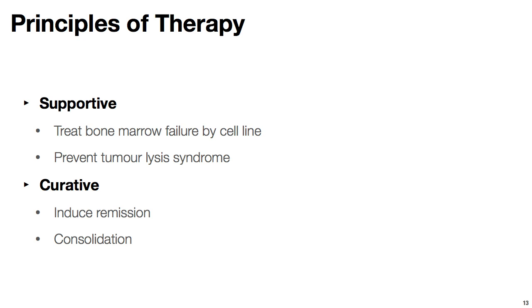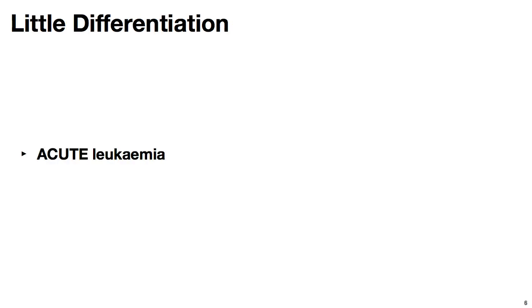In children, there's a specific cycle that I think we've come across before, which has 3 phases. In the induction phase, the aim is to achieve complete remission. There's then an intensification cycle over a couple of months to avoid relapse, and then a prolonged maintenance therapy if necessary. So that really completes the malignancies of bone marrow origin that are associated with very little differentiation.